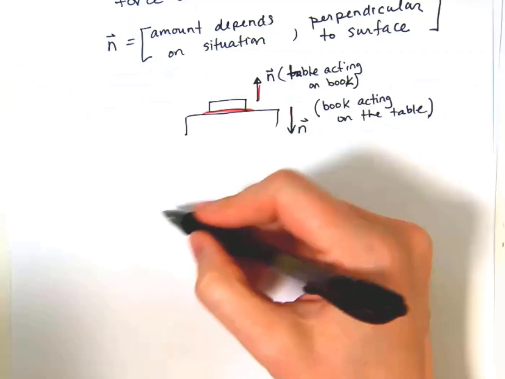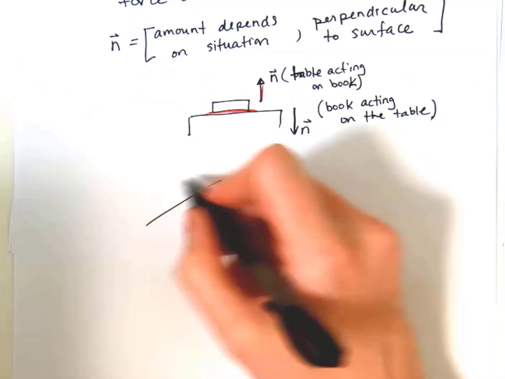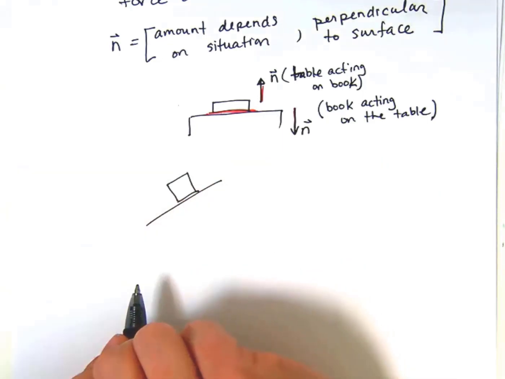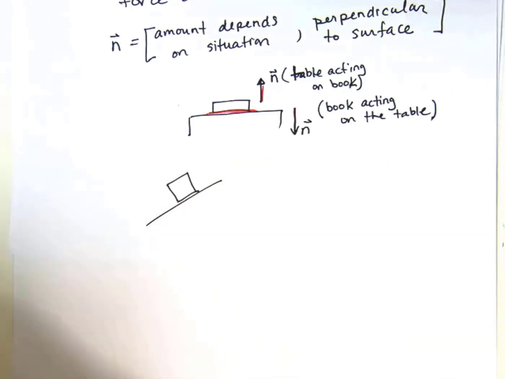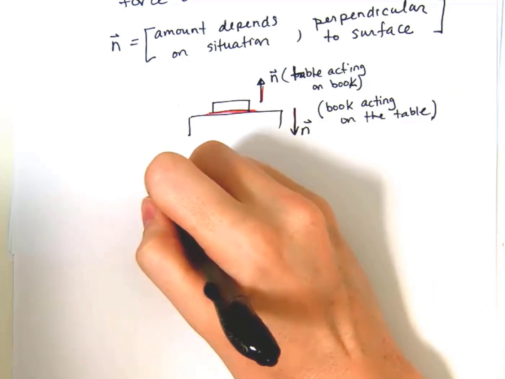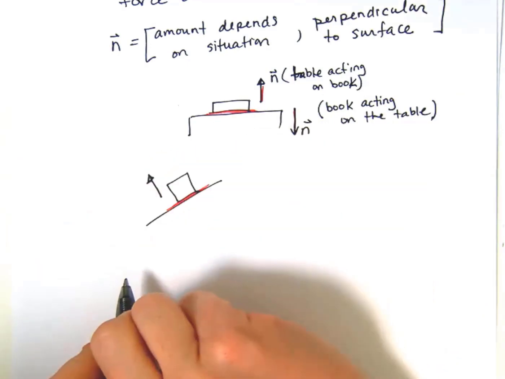What about a box on a ramp? Since the surface is at an angle, the normal force between those two solids has to be perpendicular to that. So the block would feel a normal force supporting it this way.